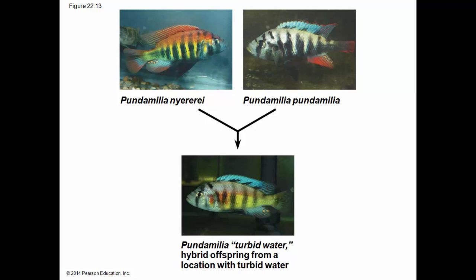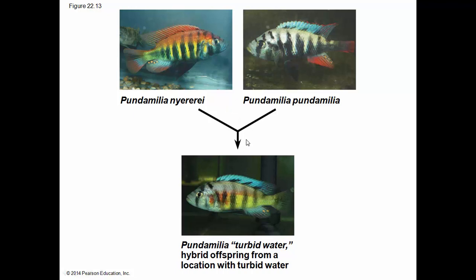Okay, remember we talked about the cichlids before, and the orange light. Well, the orange light was just mimicking the turbidity. So here you can see a hybrid that has occurred from these two different species hybridizing and then fusing into a viable offspring.